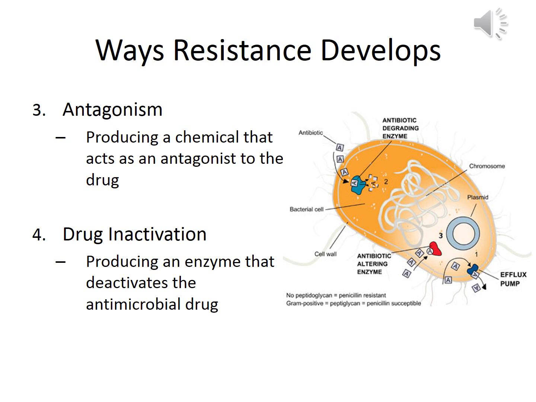Another way that bacteria develop resistance is to antagonize the antibiotic that is being used. And so basically they're taking advantage of the principles that we learned about with competitive antagonism. And so they're going to, again, produce a chemical that neutralizes, or antagonizes, I should say, the antibiotic. A classic example of that would be with sulfonamide drugs.